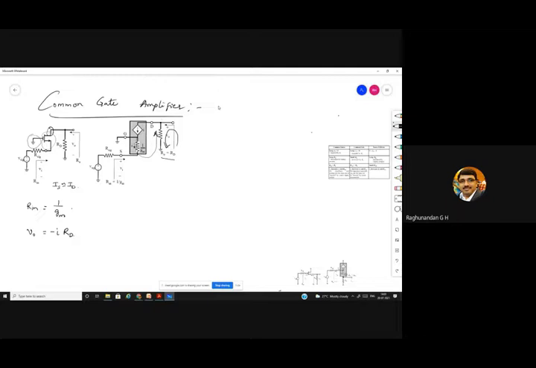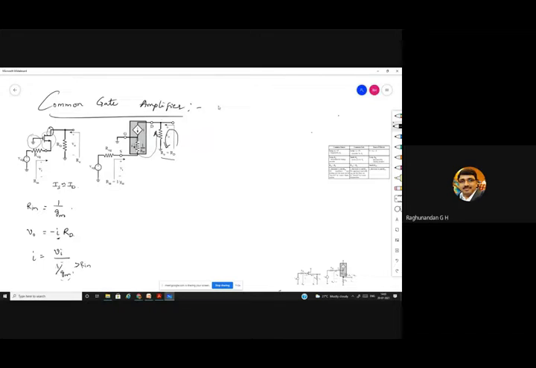And if you want an equation for current, we go for Ohm's law. According to Ohm's law, current is voltage by resistance. So if we consider this particular loop, we will have Vi divided by 1 by Gm, because 1 by Gm is our input resistance Rin, and Vi is the input voltage.